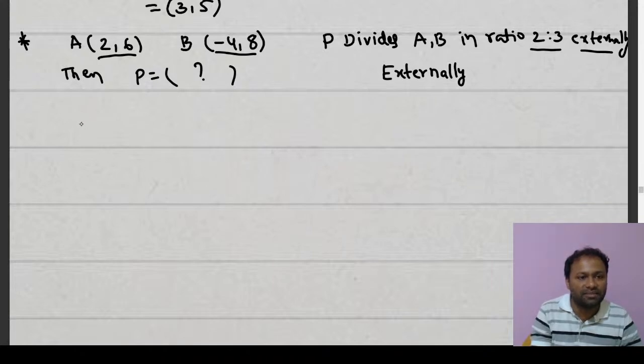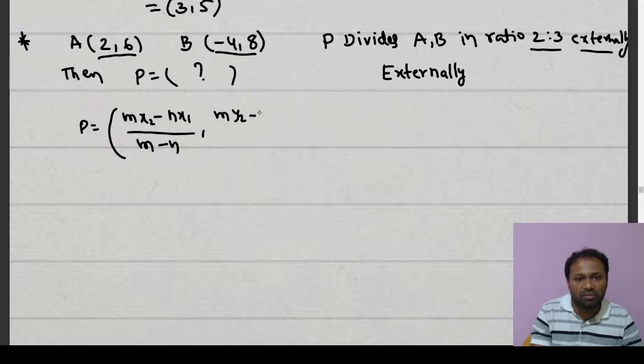What is the formula? P is equal to mx2 minus nx1 divided by m minus n, my2 minus ny1 divided by m minus n.